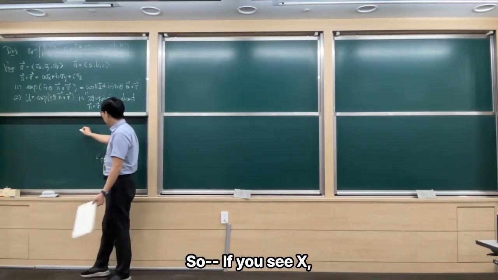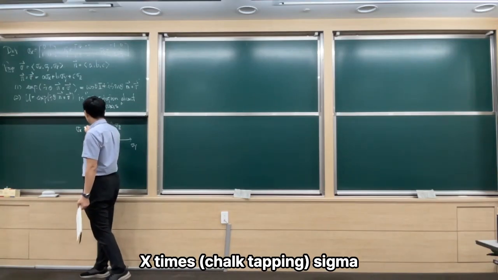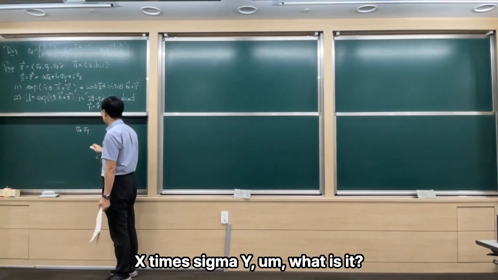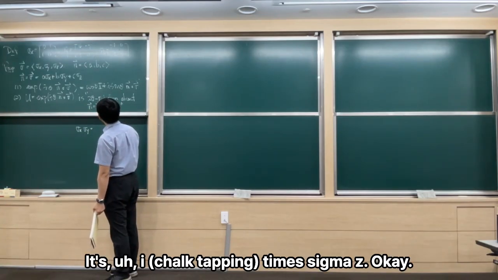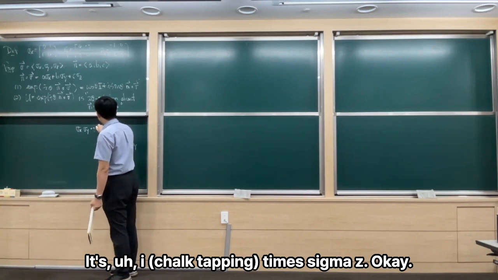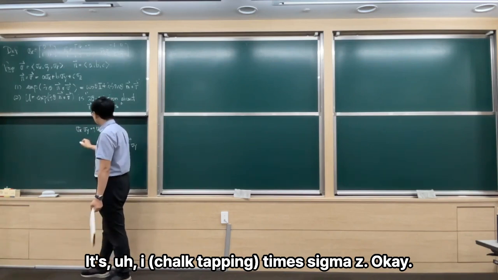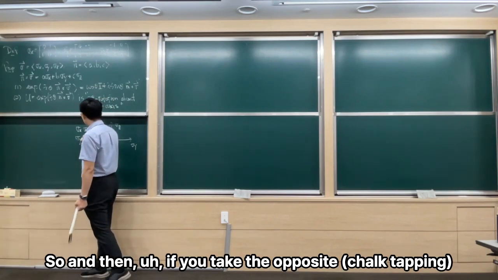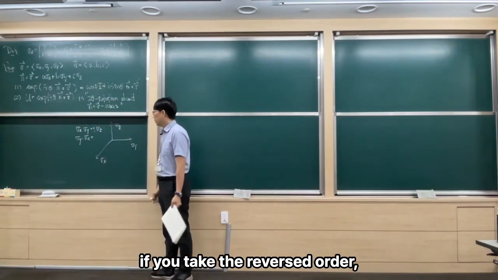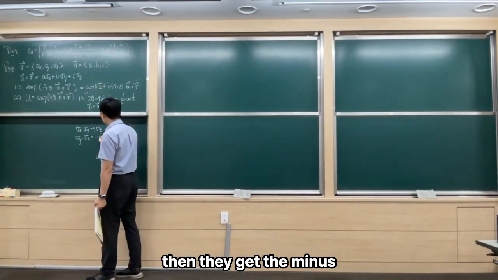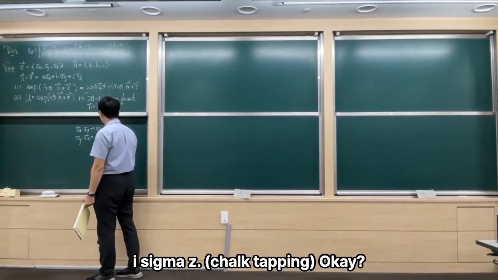So if you see sigma x times sigma y, what is it? It's i times sigma z. Okay, and then if you take the reversed order, you get minus i sigma z.